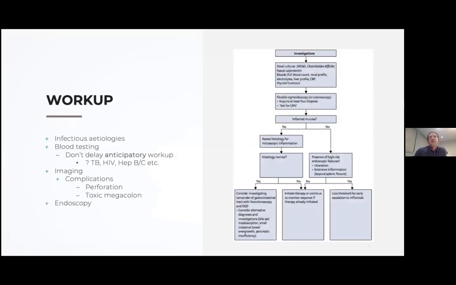In terms of the workup, it would be fairly similar to a standard workup that we would see commonly, to exclude infectious etiologies.